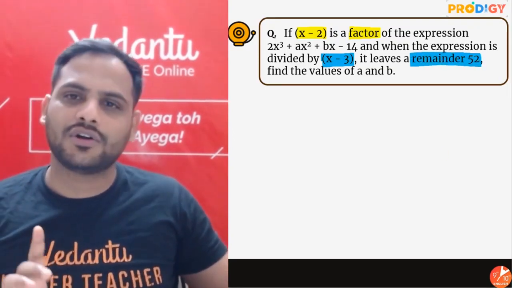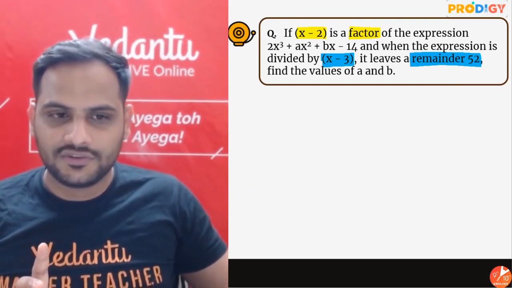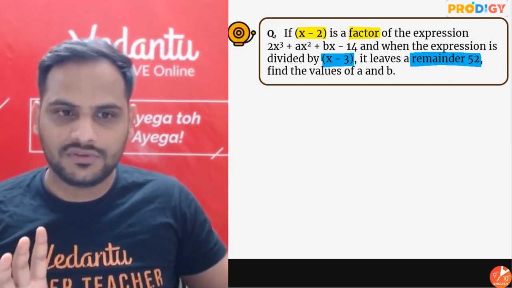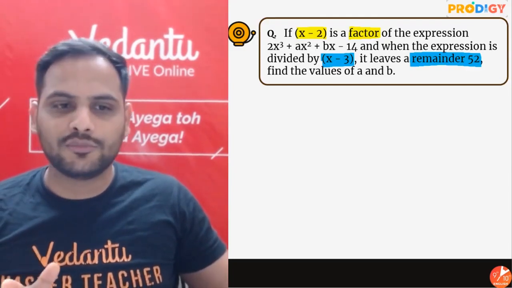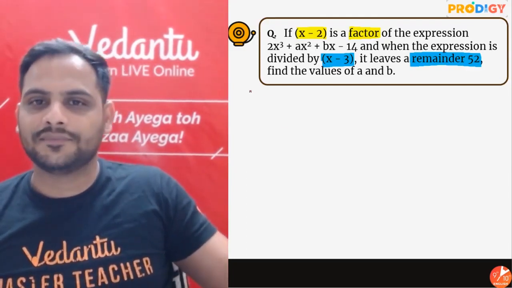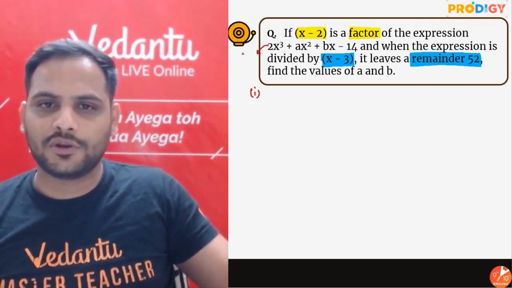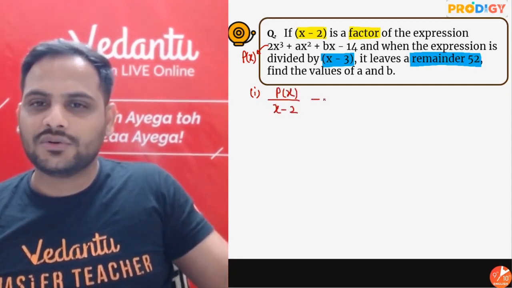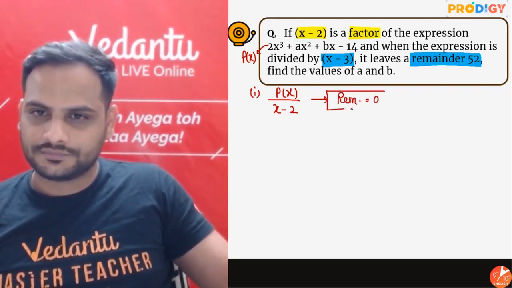Now see, I got to know my idea. In the first case, x minus 2 is a factor. So in that case, the remainder is equal to 0. And in the second case, the remainder is equal to 52. Let's solve for both. So case 1: x minus 2. Let's say the polynomial is p of x. When p of x is divided by x minus 2, I know for sure the remainder will be equal to 0.